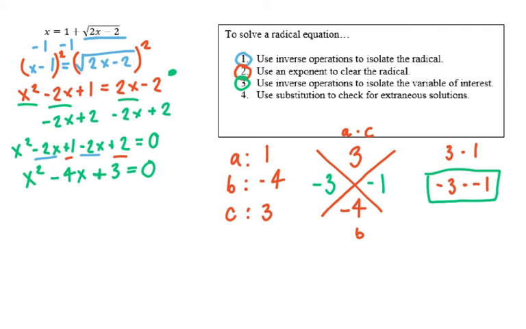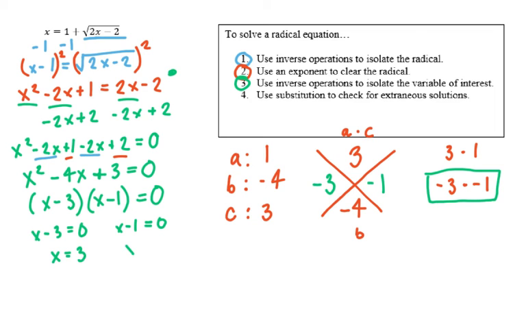So x squared minus 4x plus 3 is equal to x minus 3 times x minus 1. Now finally, to find the values of x that will make our equation equal to 0, we want to set each factor equal to 0 and solve for x. So this is going to leave us with x equals 3 and x equals 1. So these are our two x values that will make our equation equal to 0.